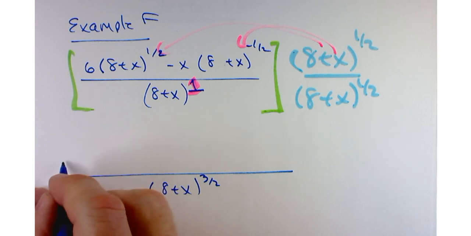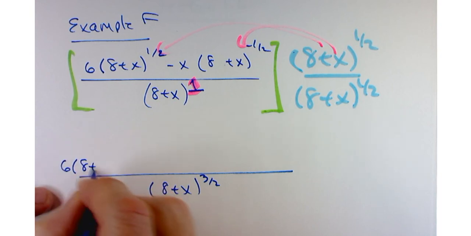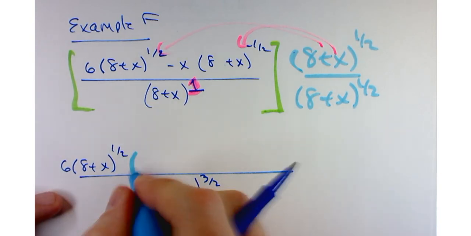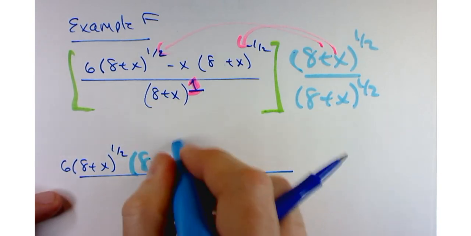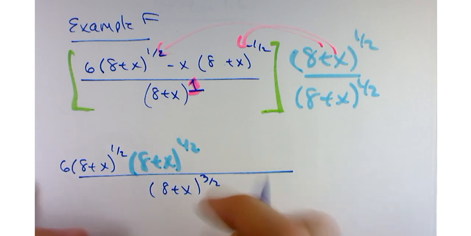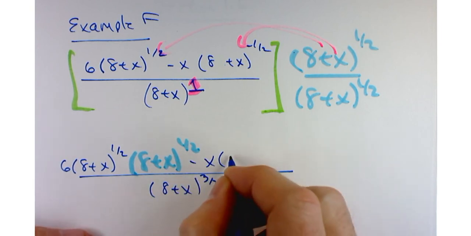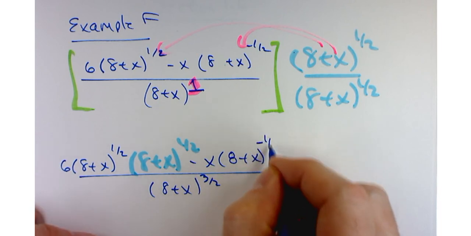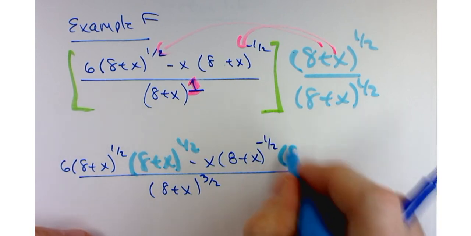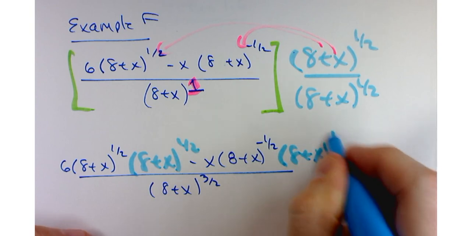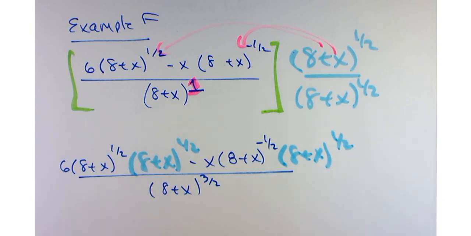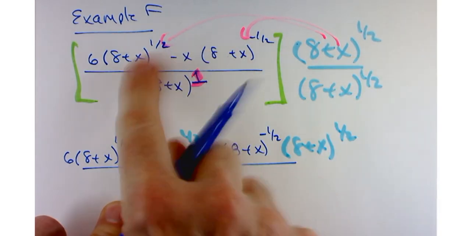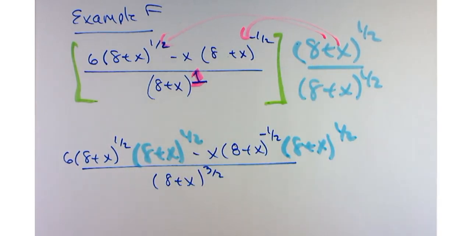I've got 6 times 8 plus x to the 1/2 times 8 plus x to the 1/2 minus x times 8 plus x to the minus 1/2 times 8 plus x to the positive 1/2. I put it in different colors so hopefully you can follow what's going on. This term just distributed itself to both of these terms. You okay with that? Yeah.